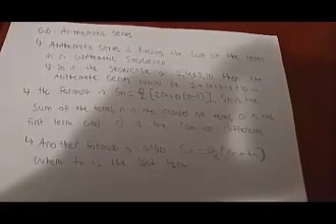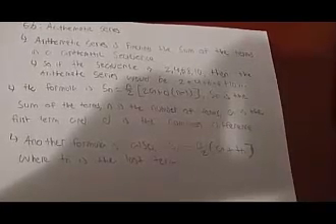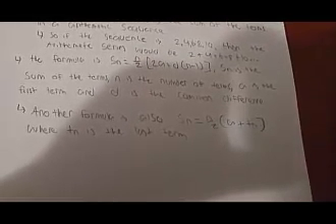The formula is Sn equals n divided by 2 bracket 2a plus d bracket n minus 1, where Sn is the sum of the terms, n is the number of terms, a is the first term, and d is the common difference. Another formula is Sn equals n divided by 2 bracket a plus tn, where tn is the last term.